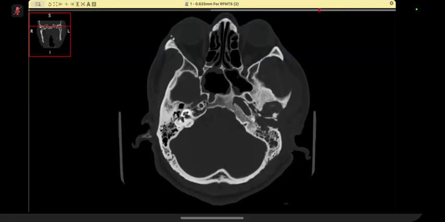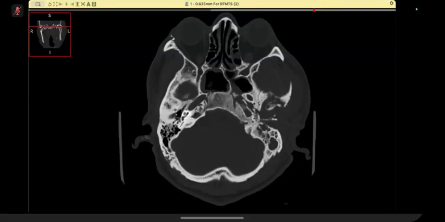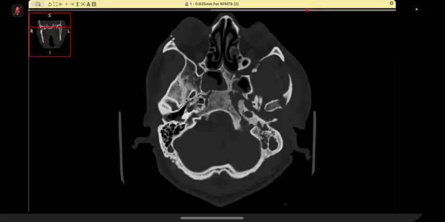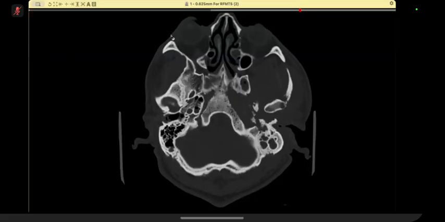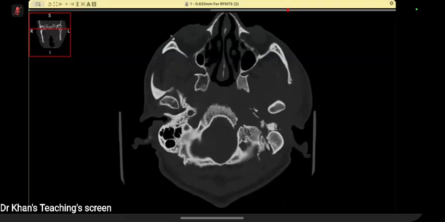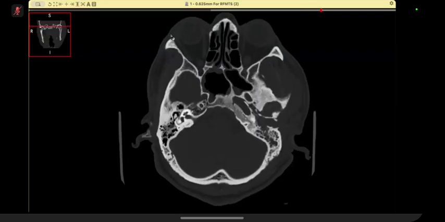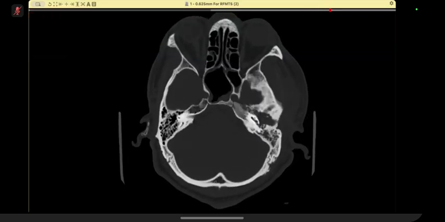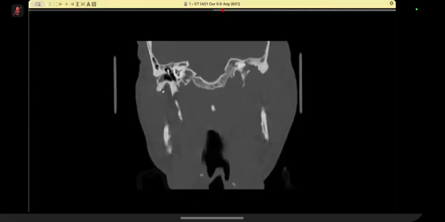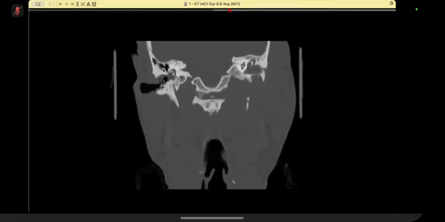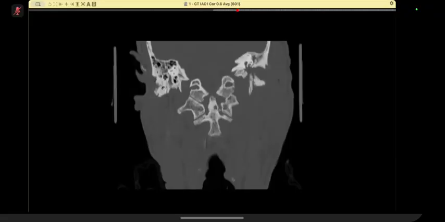On this slide specifically, I can see quite significant bony destruction of the mastoid air cells, and there is fullness of the mastoid air cells.